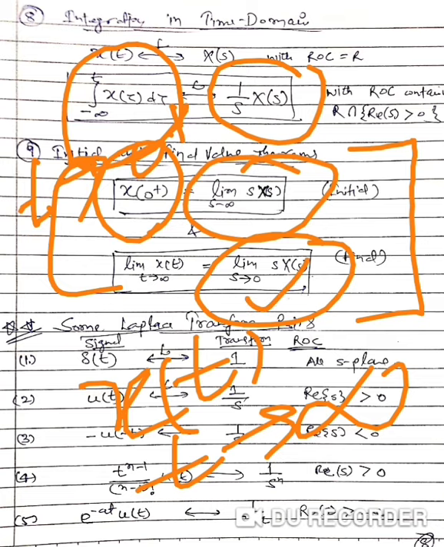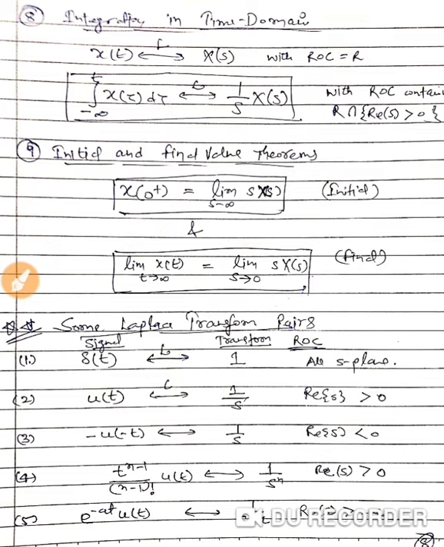Okay, so now we have some Laplace transform pairs, that is, the signal in the time domain and its Laplace transform. For delta(t), the Laplace transform will come out to be 1.